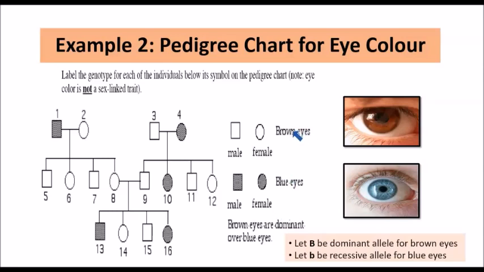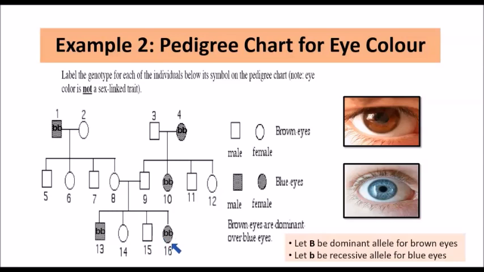So we know brown eyes is dominant. So every individual that has blue eyes, so those are the shaded circles and squares, should be homozygous recessive. So they should have 2 recessive alleles. So I've put in the genotypes for all the blue-eyed individuals. So that is 1, 4, 10, 13, and 16.